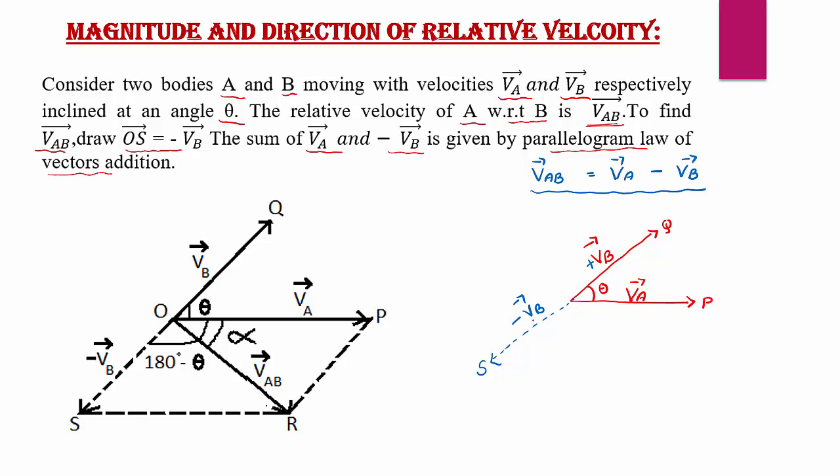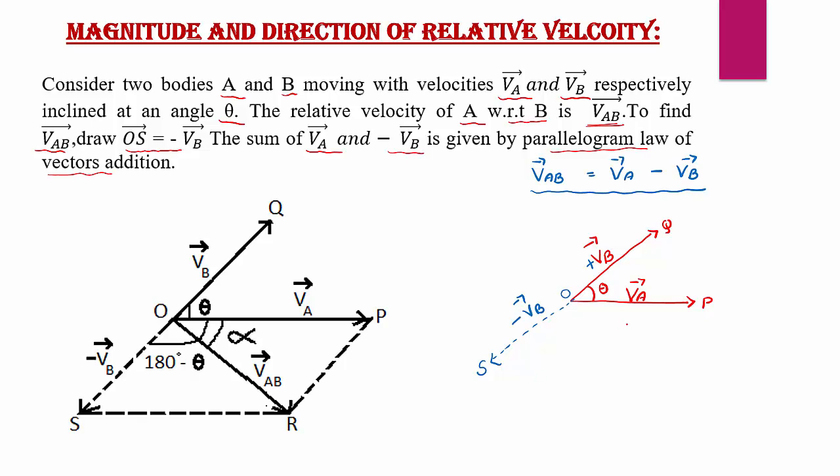Right? Now we have to find the relative velocity of A with respect to B. We want VA minus VB. Now we can consider only the lines P and S. This is the origin O. OP and OS vectors we have to consider. These are just like the adjacent sides of a parallelogram, so we are going to use the parallelogram law of vector addition.